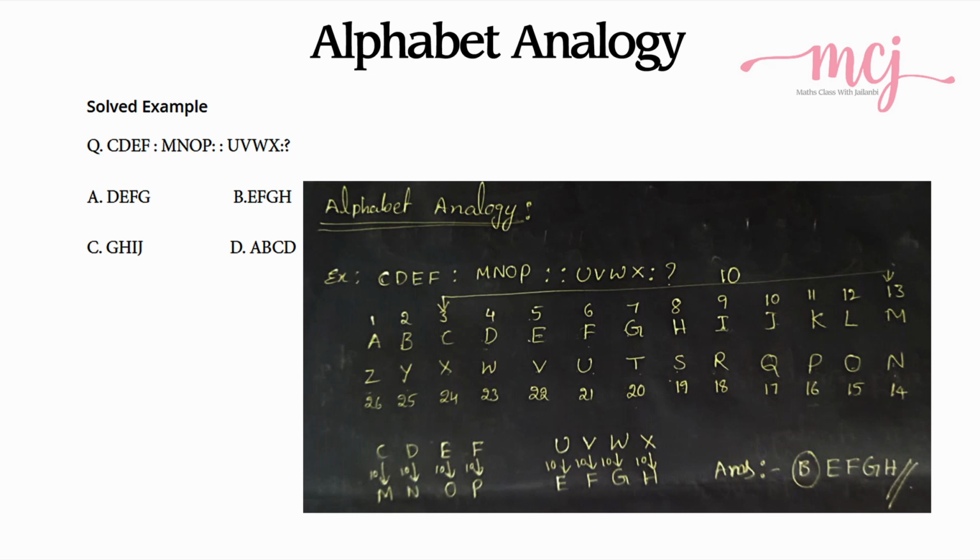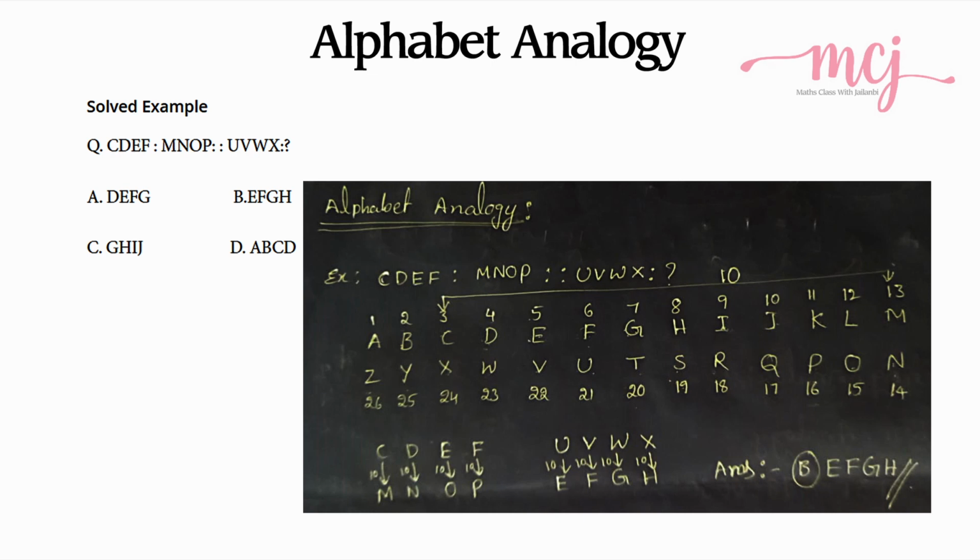Before starting to solve the question, first assign the numerical values to all the alphabets and make a table as given here. Now from the table you can note that the gap between C and M is 10. The gap is similar between the following alphabets. So in the first group, every alphabet is pushed forward by 10 spaces.